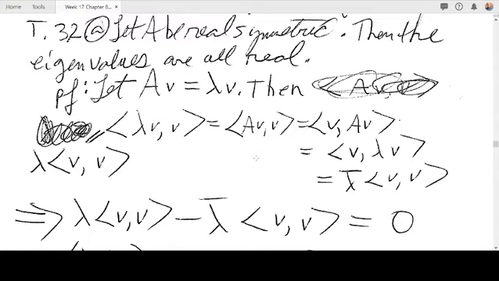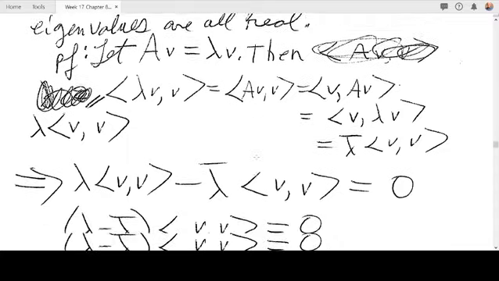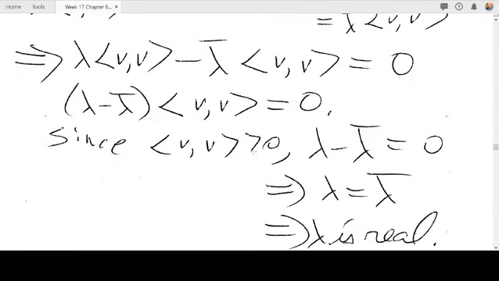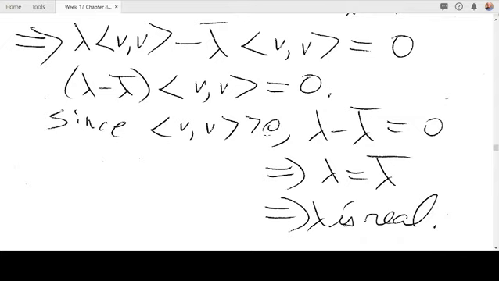Then if you subtract the two ends here and simplify, you find that lambda minus lambda bar times the scalar product of V, V is 0. But since we have a positive definite scalar product, which means that the product of V and V is always non-negative, it must be the case that lambda minus lambda bar equals 0, which means that lambda is equal to its conjugate, which means that lambda is real.